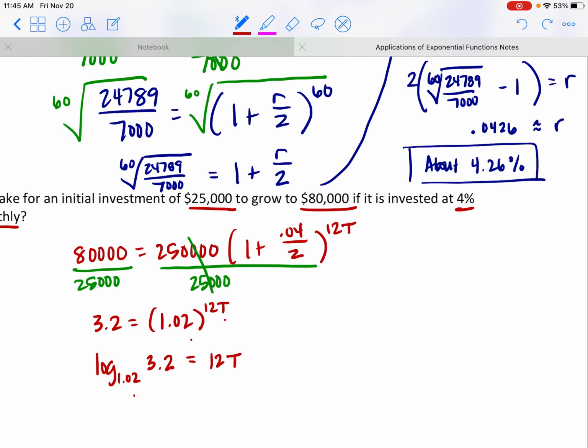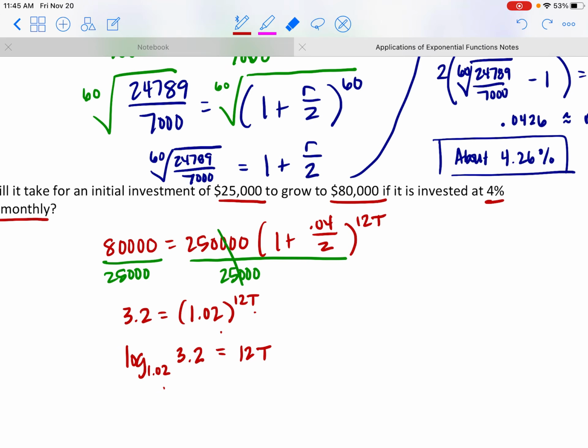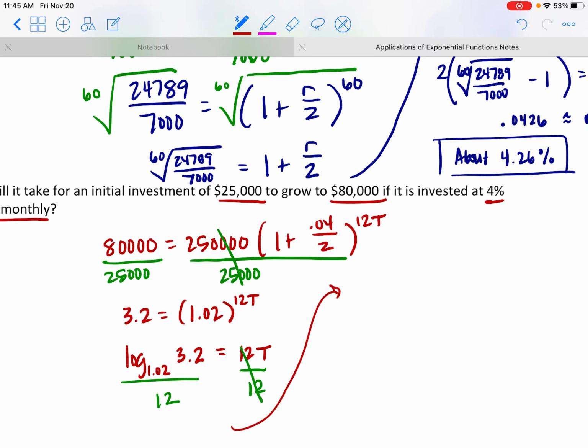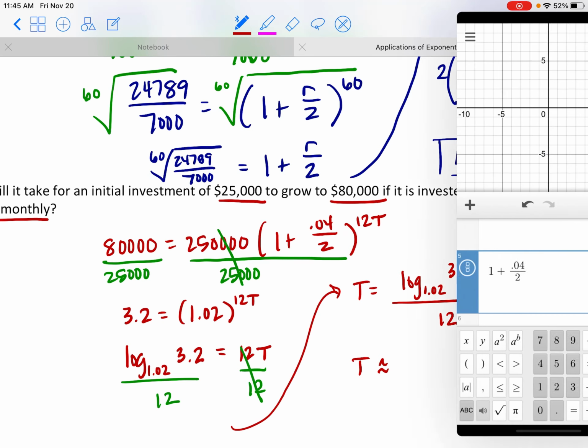Okay? Except we want to solve for t, and t is still being multiplied by 12. So what I need to do in my last step here is divide both sides by 12, and then t is going to be exactly log base 1.02 of 3.2 divided by 12, which is going to be approximately, let's see.